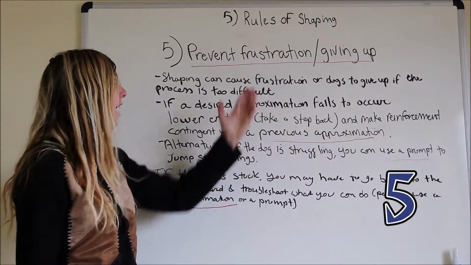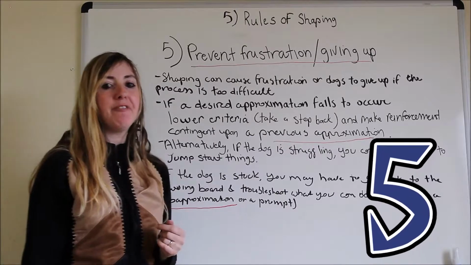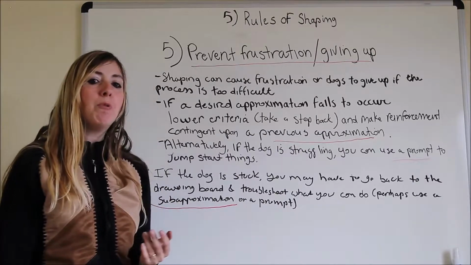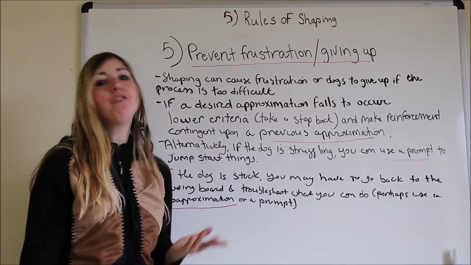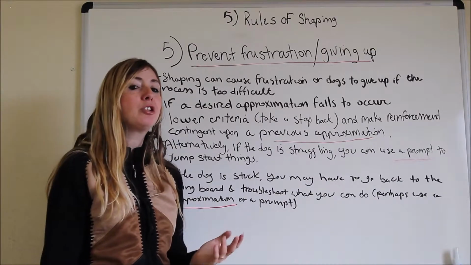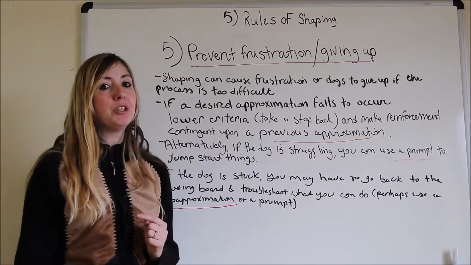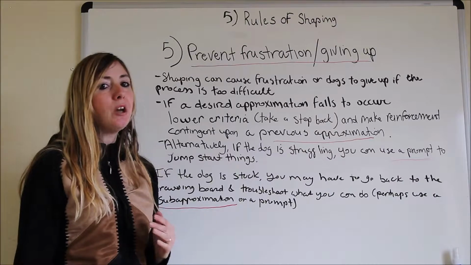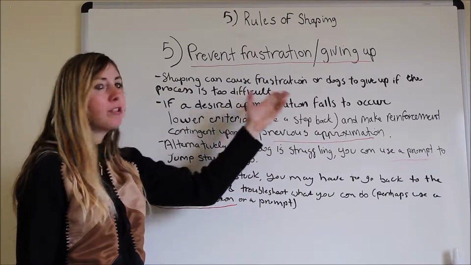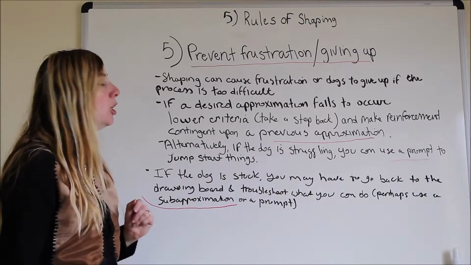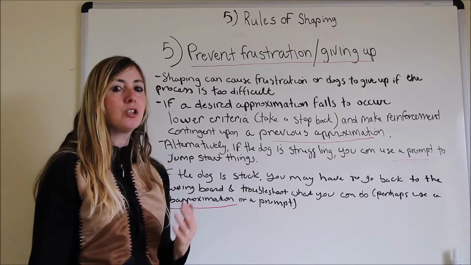Rule number 5, prevent frustration or giving up. While it's true that when we are shaping, we want to reinforce progression and not retrogression, there's an exception to this rule, and that's when dogs are giving signs of being frustrated or giving up. What should we do if our dog is struggling?